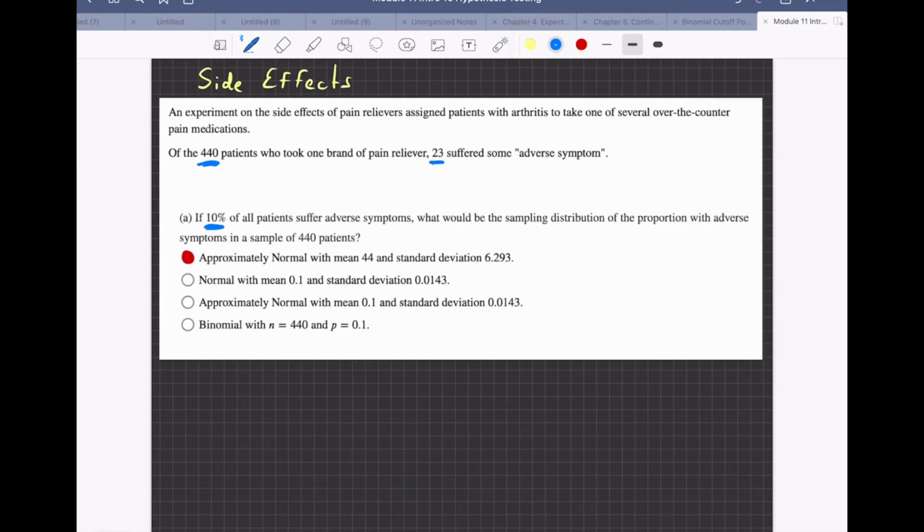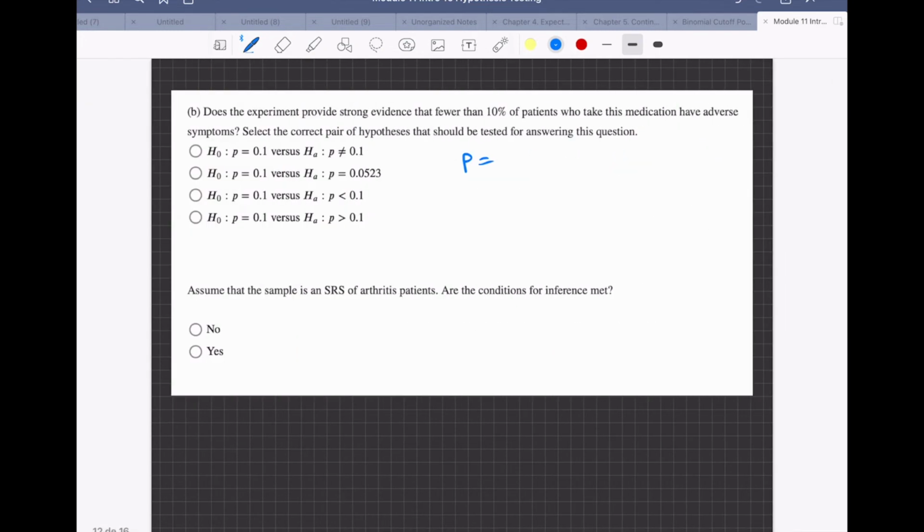Patients who suffer adverse symptoms, through proportion of patients with adverse symptoms. And again, as I have mentioned before, how do we set up the hypothesis? We have two, H null and H alternative.